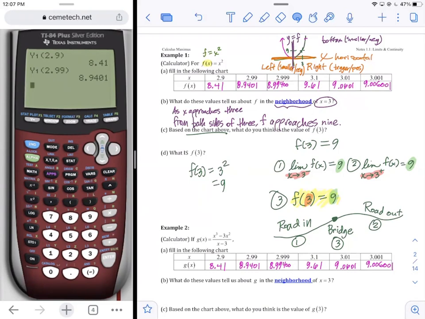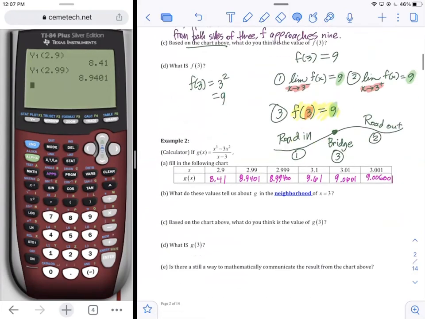Right. Yeah, thanks. So if you notice, you're going to get the same values as you did up above. This time for me, it was by design. So it's not the same function, obviously. One's F and one's G. They look very different, but we have the same values. So if we answer the question, what do these values tell us about G in the neighborhood of 3? Yeah, I mean, it's really the same thing as up above.